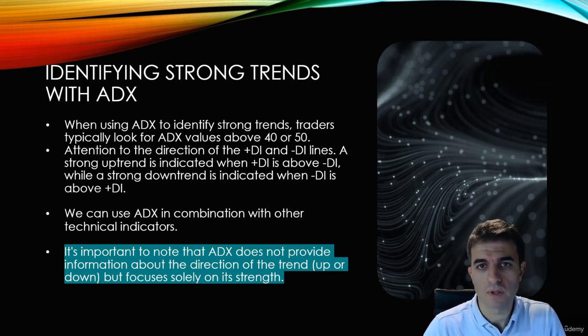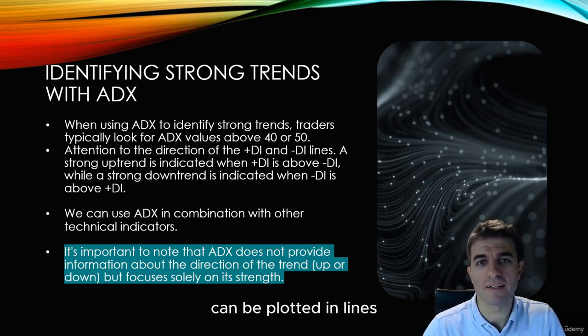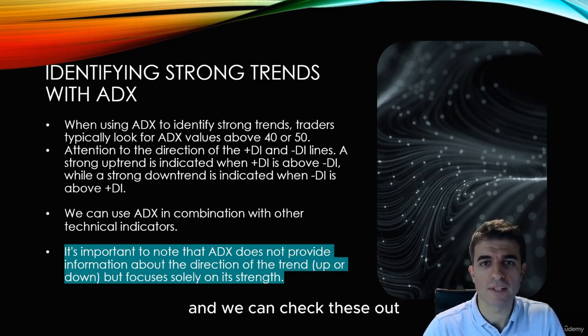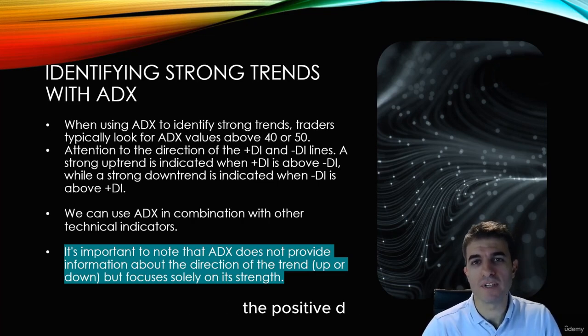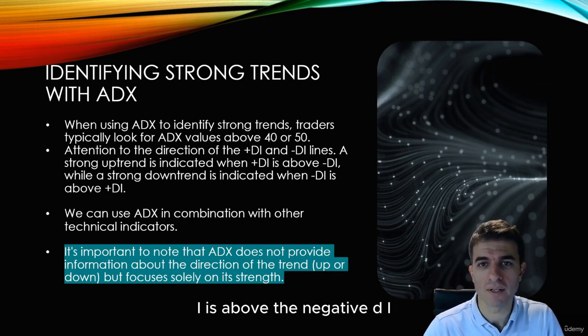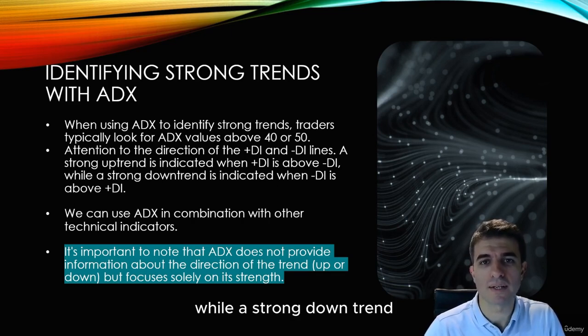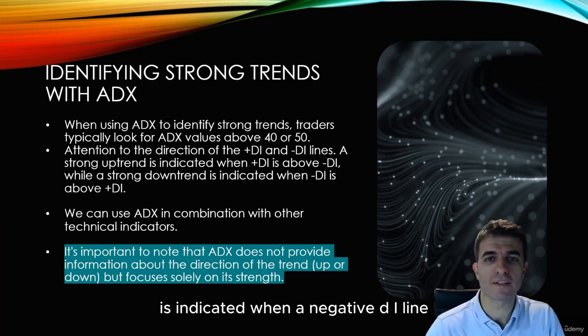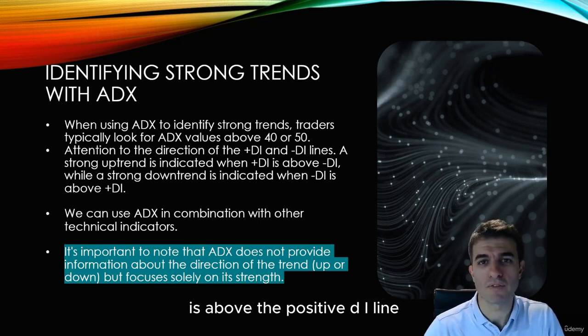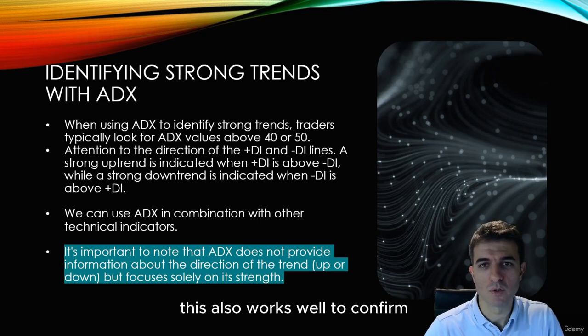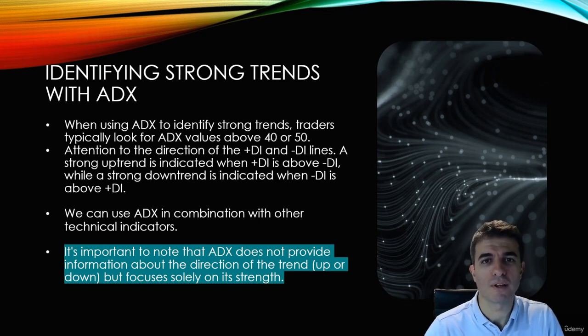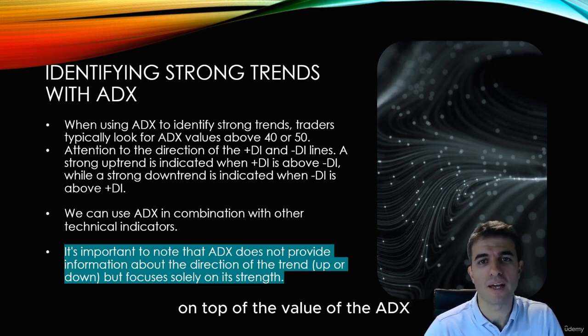Additionally, you might want to pay attention to the direction of the positive DI and the negative DI lines, because these can be plotted as lines and we can check them out. A strong uptrend is indicated when the positive DI is above the negative DI, while a strong downtrend is indicated when the negative DI line is above the positive DI line. This also works well to confirm on top of the value of the ADX.